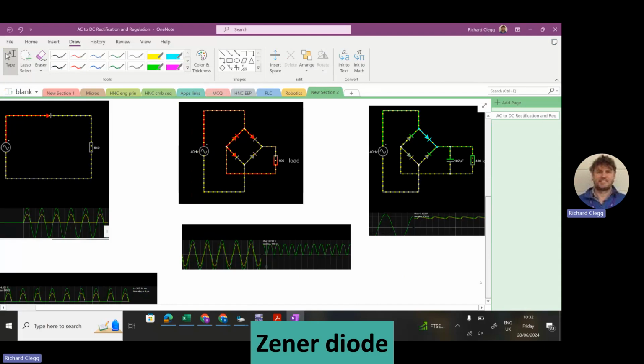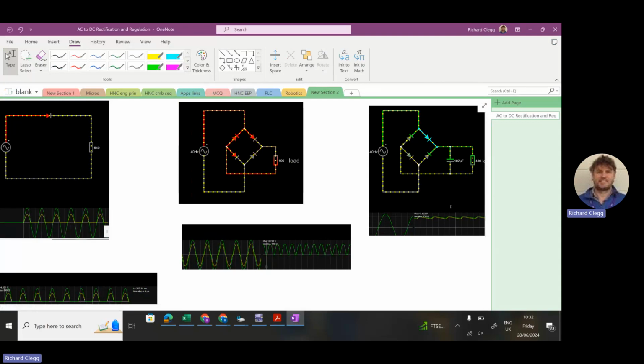So the way we end up achieving the flat DC is we end up adding yet another component in there, which is a Zener diode. The Zener diode is able to clamp that waveform there.